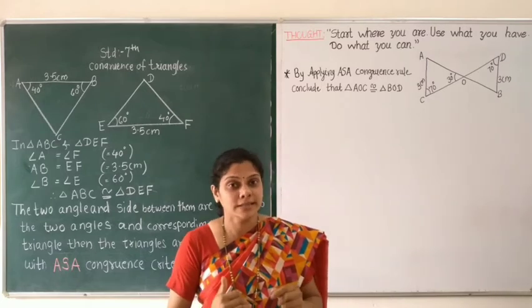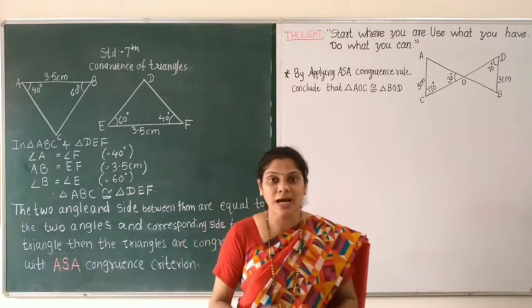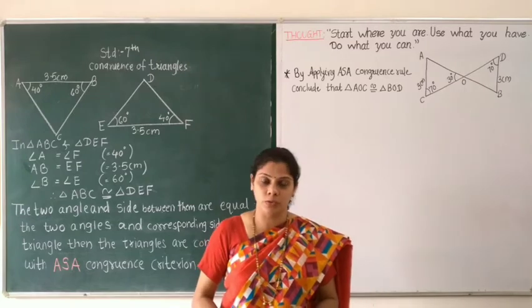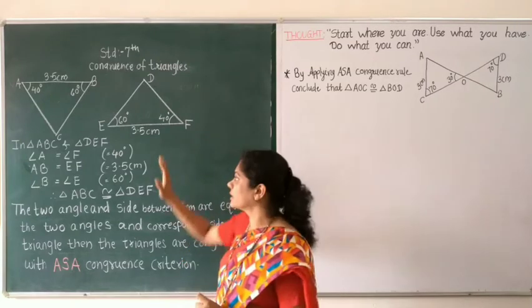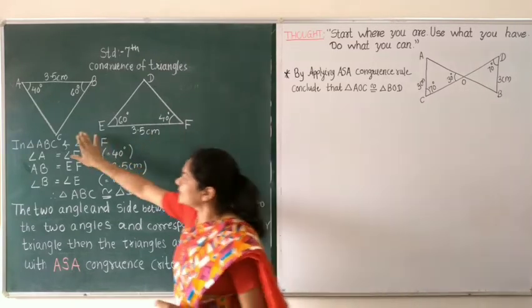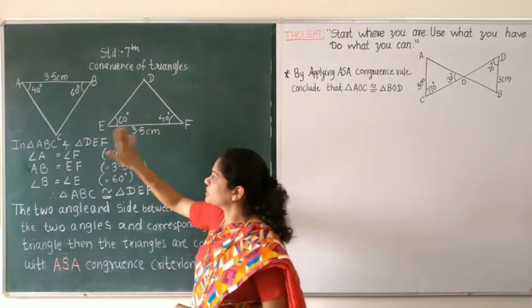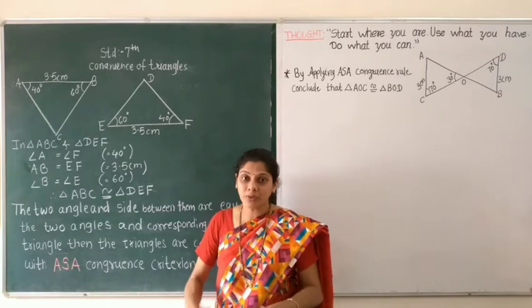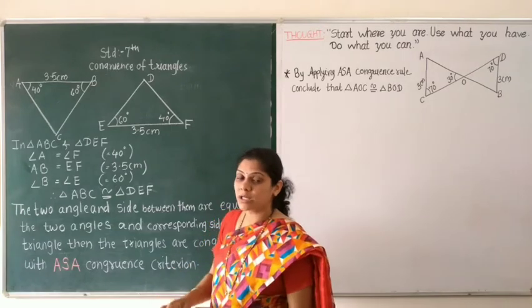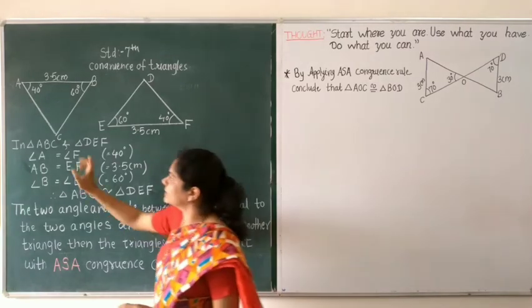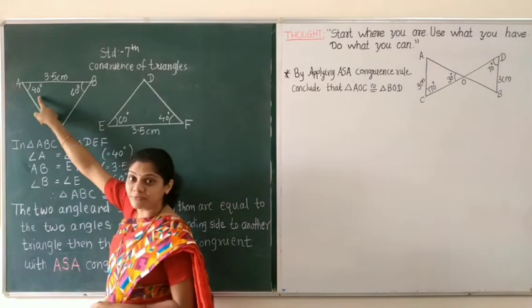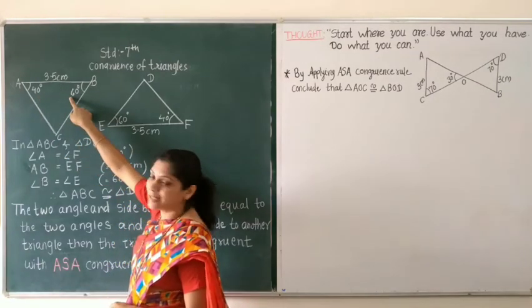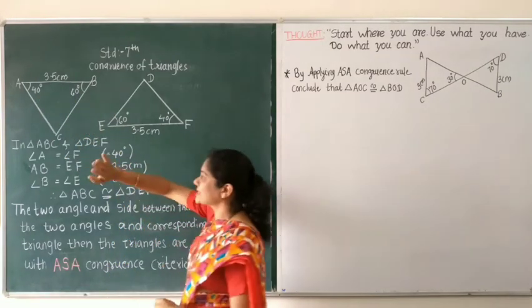Now in this session we are going to study our next two congruence rules. Look at the blackboard. You can see two triangles, triangle ABC and triangle DEF. I have mentioned the measures of two angles: angle A is 40 degrees and angle B is 60 degrees.